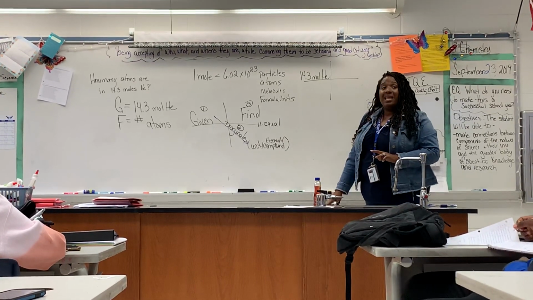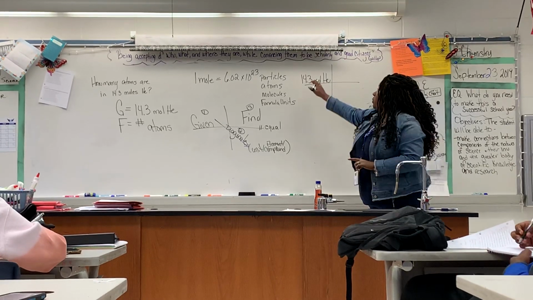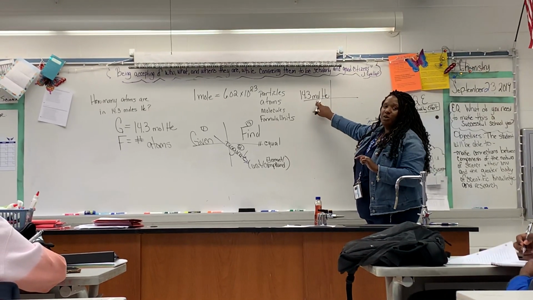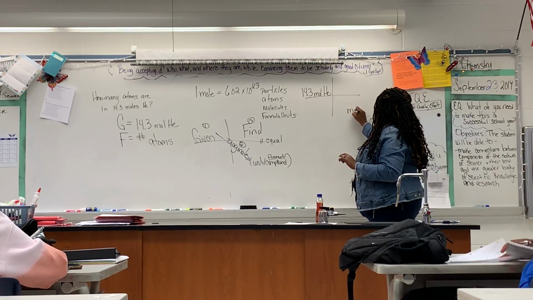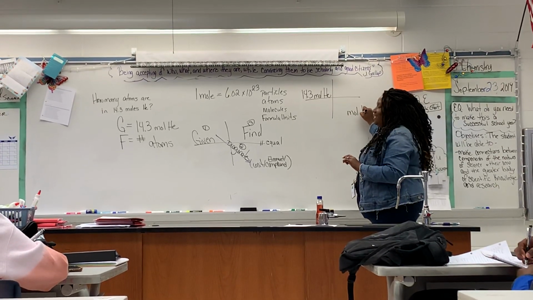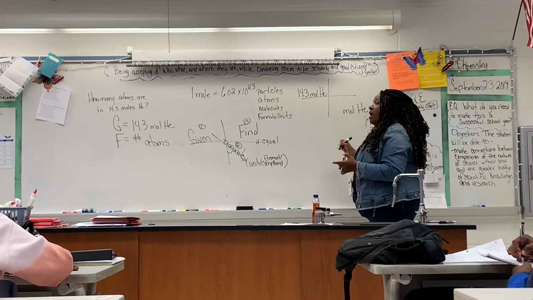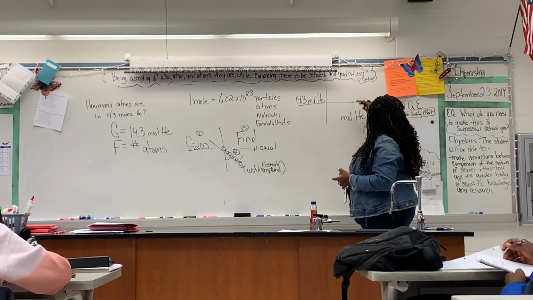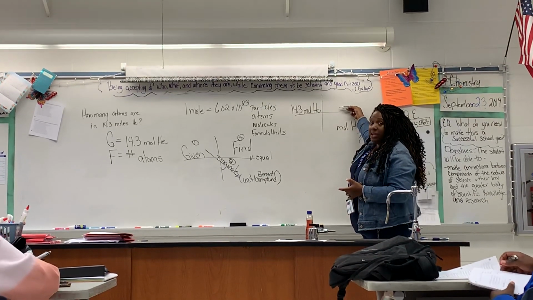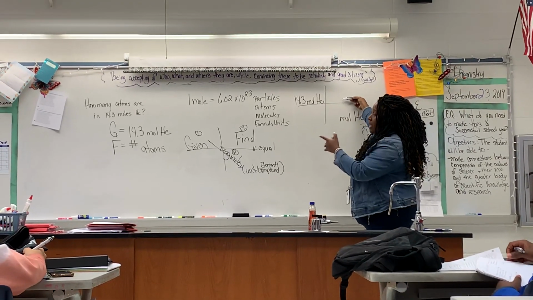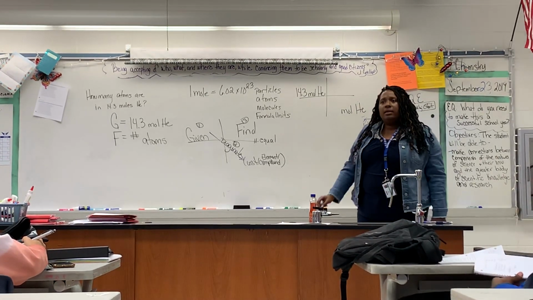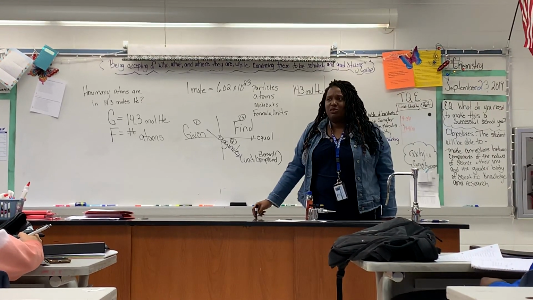We do not take the number. So what are we going to put here? Not molecules, moles. Moles of what? Helium. Now you have to ask yourself, do I know how to go from moles to what I'm trying to find, which is atoms? Do you know how to go from moles to atoms? Yes, you do.